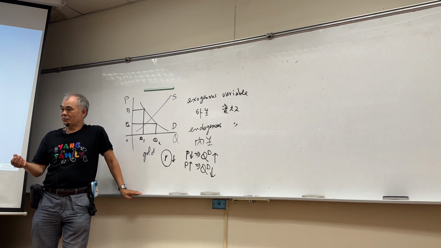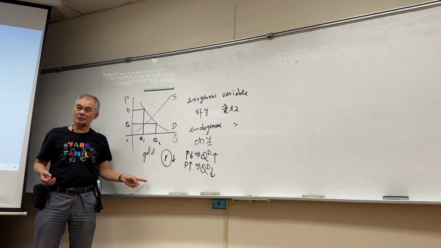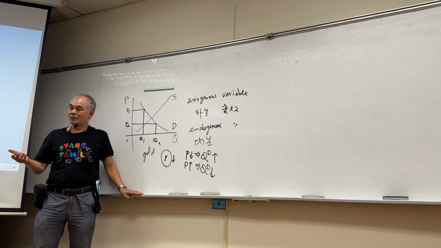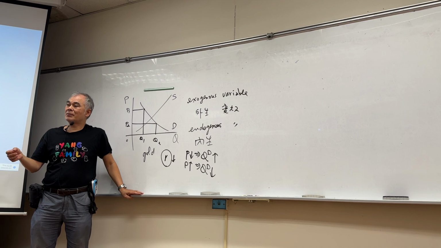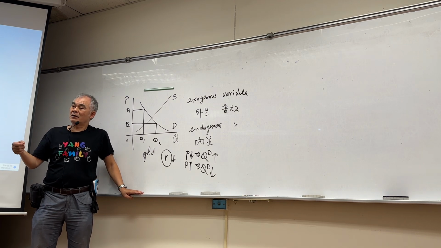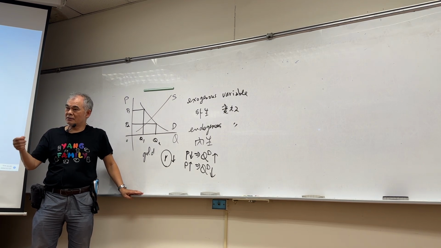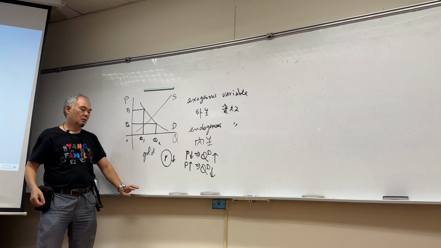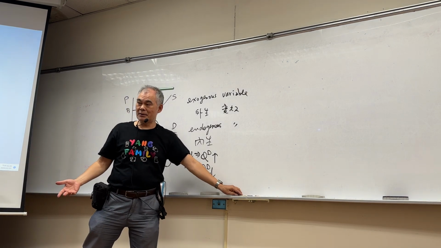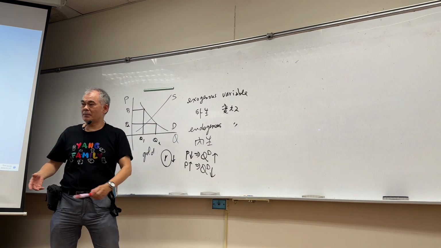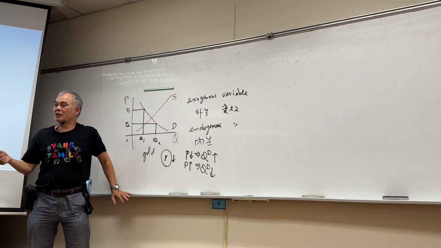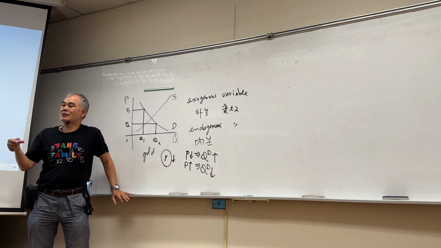But suppose the interest rate goes down. The loss of income goes down, so you get more incentive to buy gold. And that's exactly what happened. Two weeks ago, the Federal Reserve decreased the interest rate.